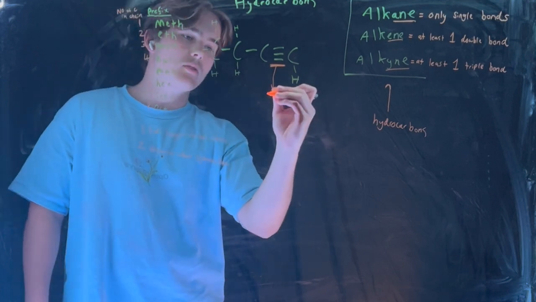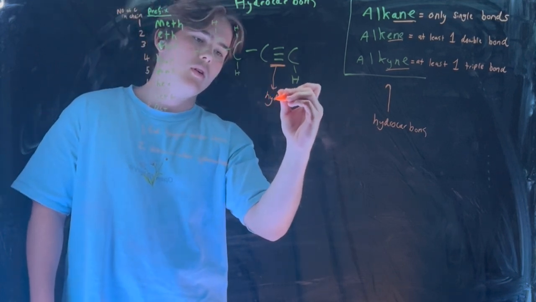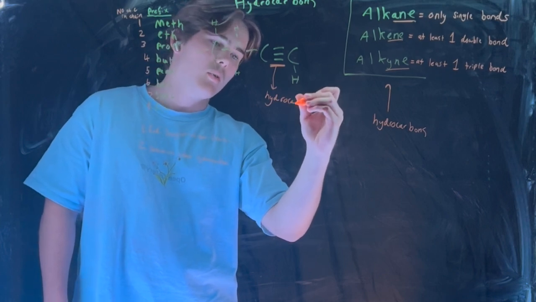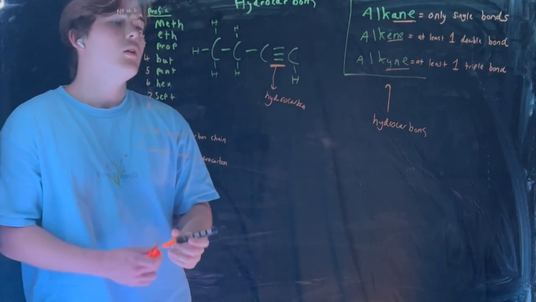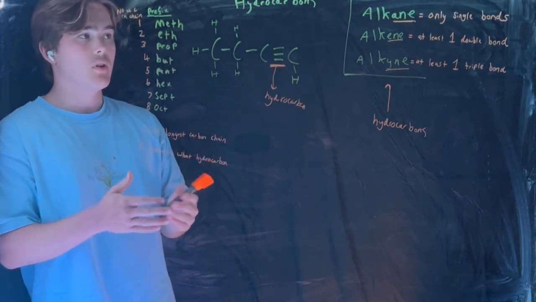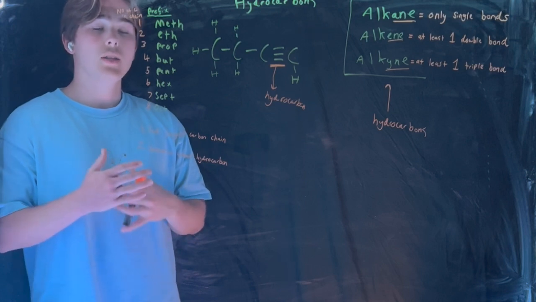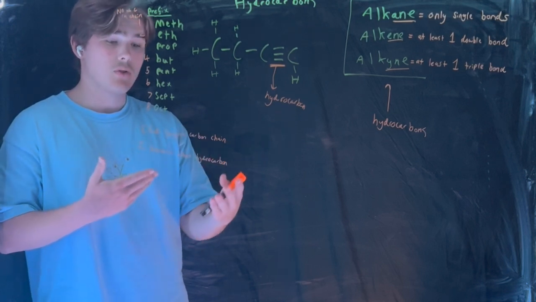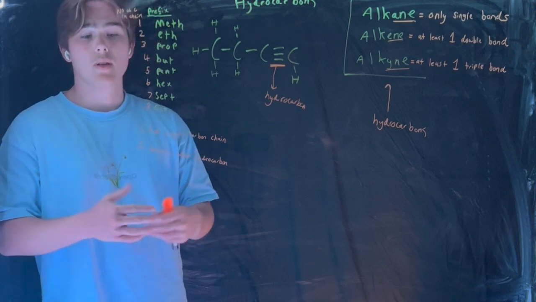It's still a hydrocarbon because you only have carbon and hydrogen in the molecule. We name it using the same rules, the same kind of steps we use when naming molecules in organic chemistry.